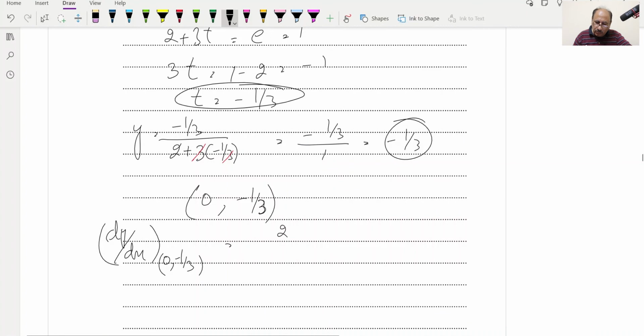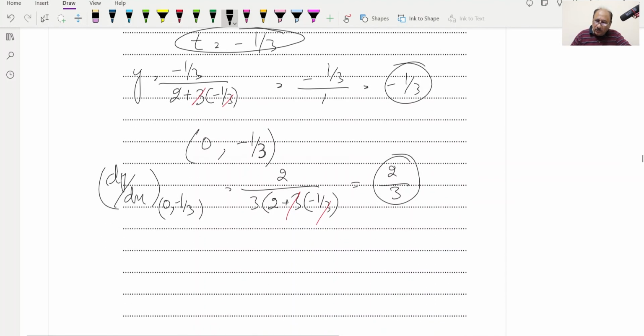So we can write 2 over 3 into 2 plus 3 into t value will be this one, and we will cancel this. So we'll get this is equal to 2 over, this one will be 2 minus 1 will be 1, so 2 by 3. So gradient will be 2 by 3. This will be the m value.